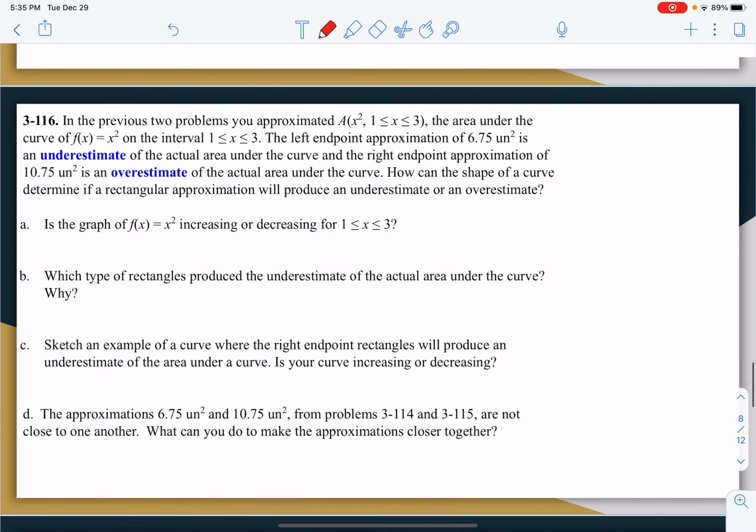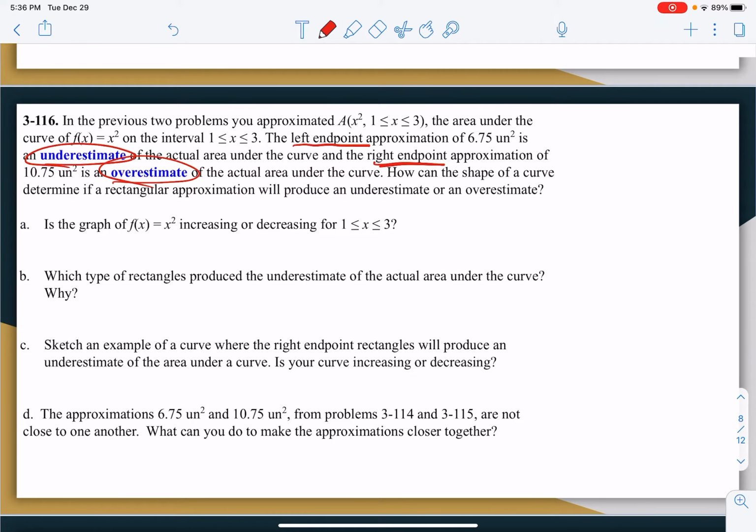So looking at problem 16, the left endpoints gave us an underestimate of the actual area, and the right endpoints gave us an overestimate of the actual area. So we can figure out which type of rectangle we want to use based on the shape of the curve.